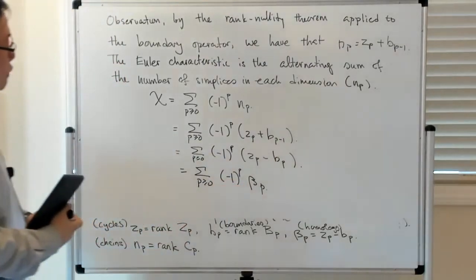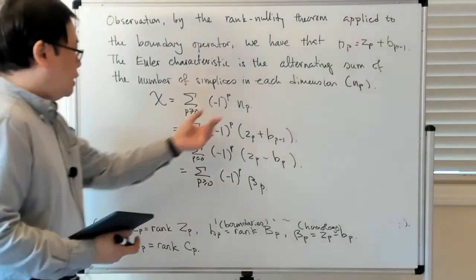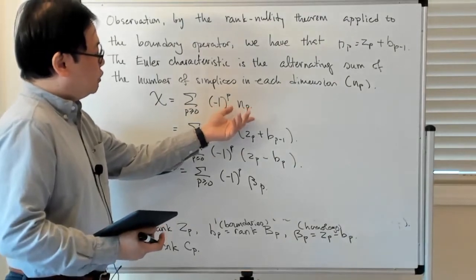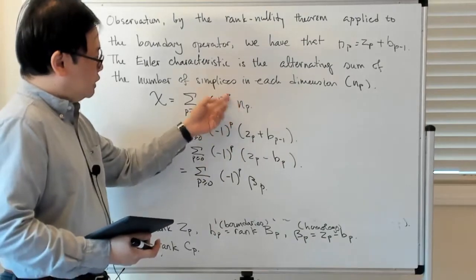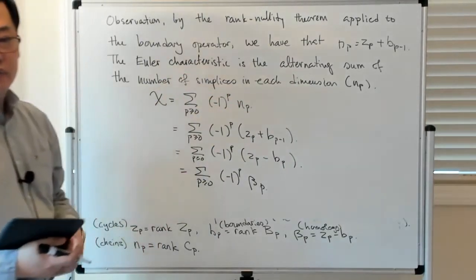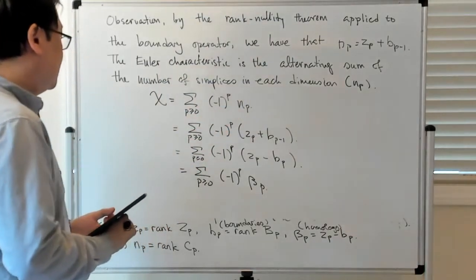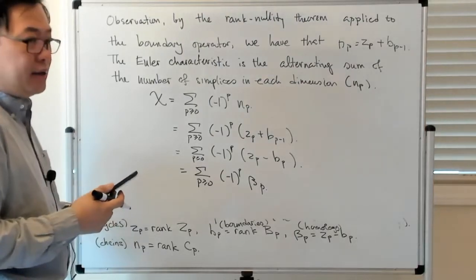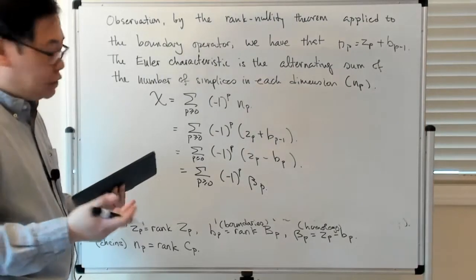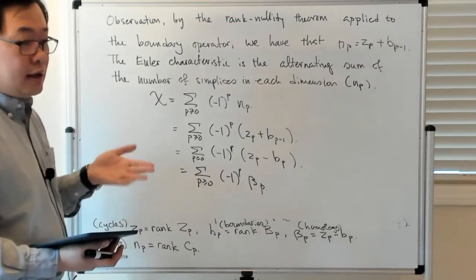So why is this significant? Well, this is significant for a variety of reasons, one of which is the following. If you have an alternating sum of the rank of the chain groups, then at least on the surface, this expression doesn't look as if it is independent of the choice of triangulation. For example, if you have a triangulation of a space and then do barycentric subdivision, then clearly the number of simplices in each dimension is going to change.